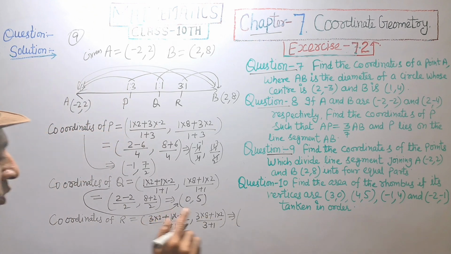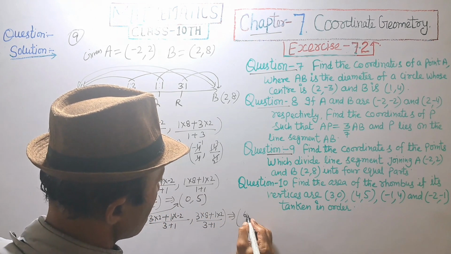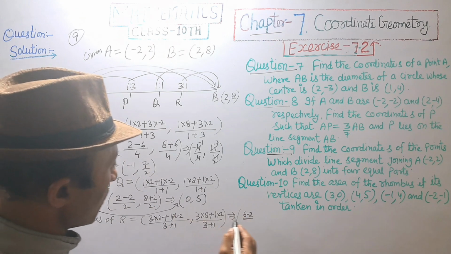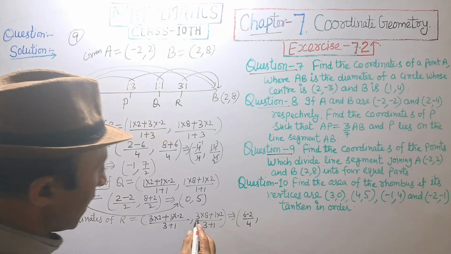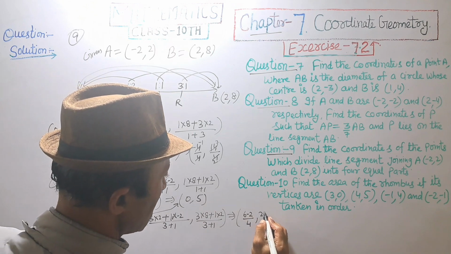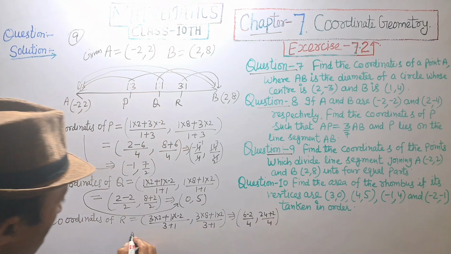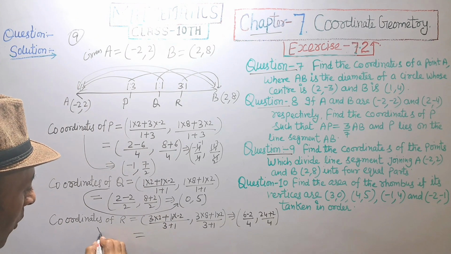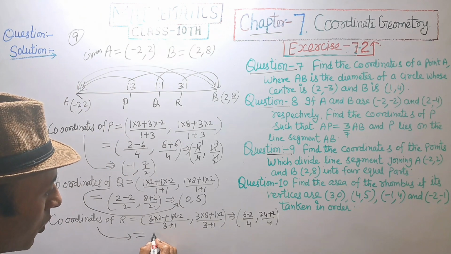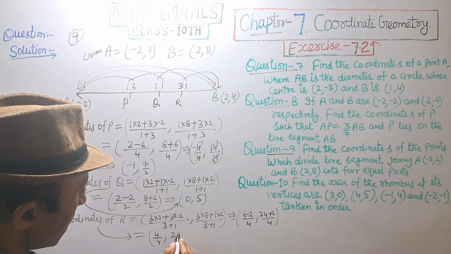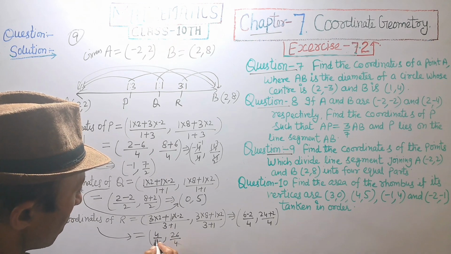This implies 3 2s are 6 minus 2, 6 minus 2 upon 4, and 8 3s are 24 plus 2 upon 4. So the coordinates of R are 4 upon 4, 26 upon 4.